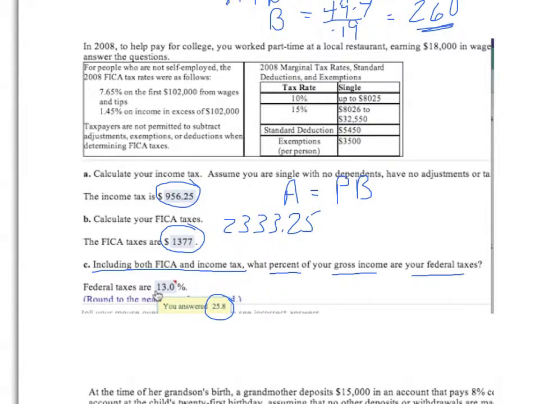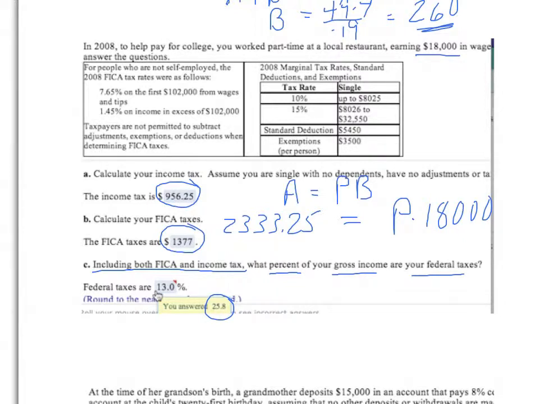Okay, so we're going to take a percent of a number, and that should give us this value. Well, what number do we take a percent of? We take a percent of our total wages. Our total wages are $18,000. And so if we take a percent of that, P times 18,000, that should give us the amount of our tax, and that's our amount, $2,333.25.